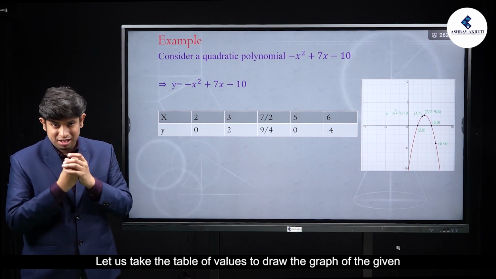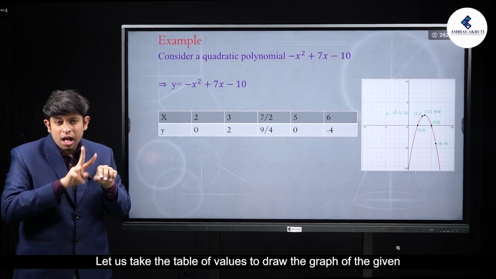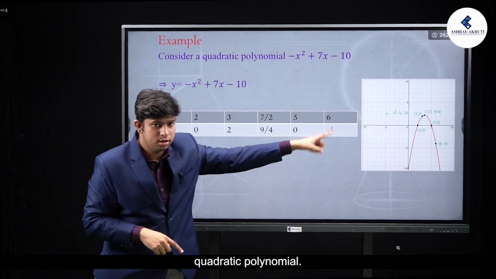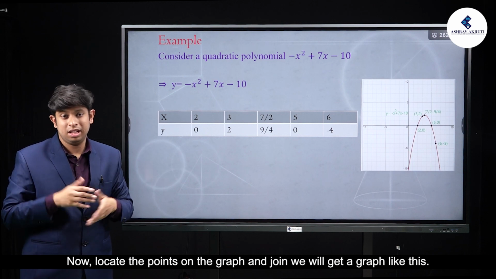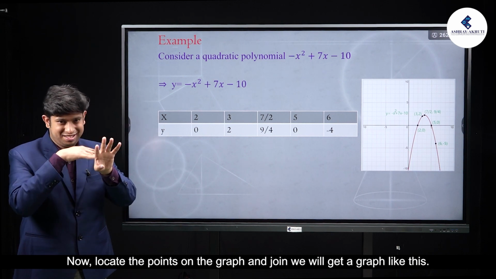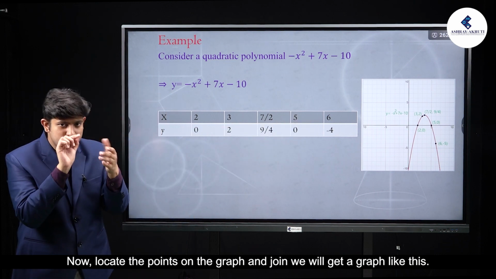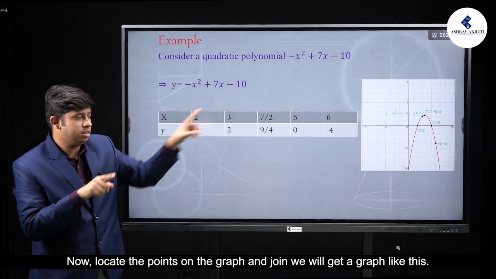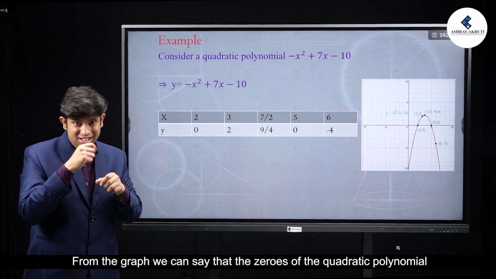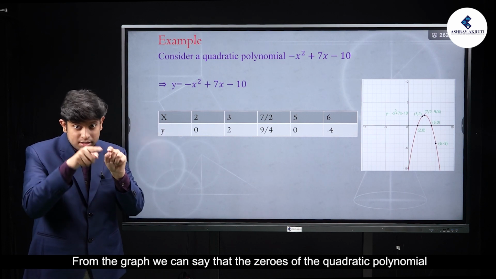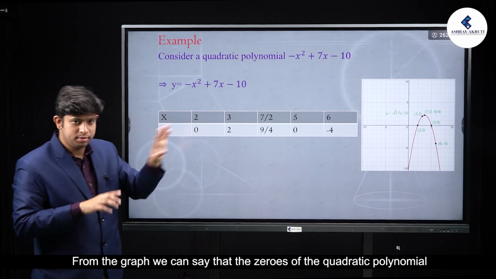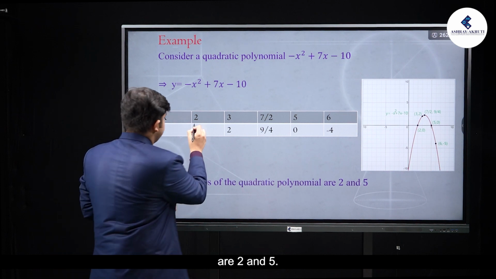Let us take the table of values to draw the graph of the given quadratic polynomial. Now locate the points on the graph and join, we will get a graph like this. From the graph, we can say that the zeros of the quadratic polynomial are 2 and 5.